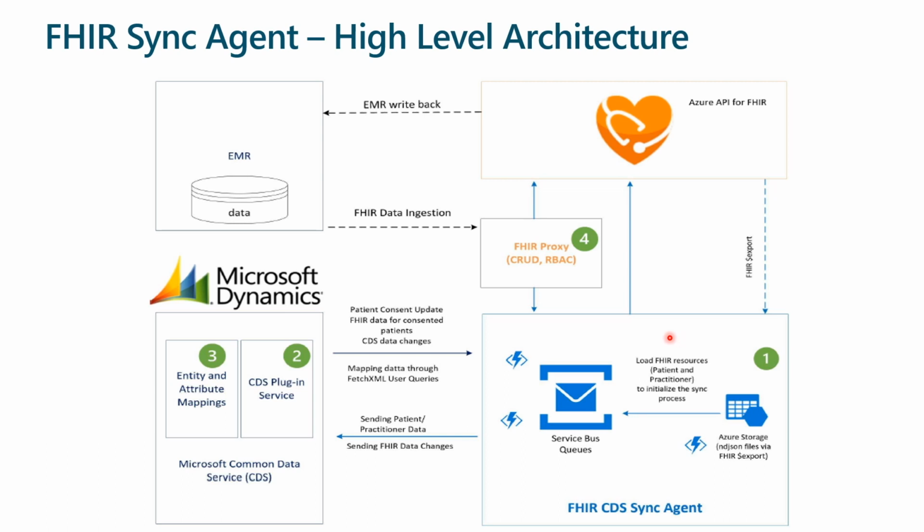At a high level, we have Azure API for FHIR, and at the bottom of it, we have a FHIR Sync Agent on Azure, FHIR Sync Agent admin app, which is responsible for entity and attribute mapping, plugin service from the platform, and finally, FHIR Proxy in Azure. FHIR Proxy serves as a middle tier application access and authorization endpoint. In the next few slides, we go through each of these components.